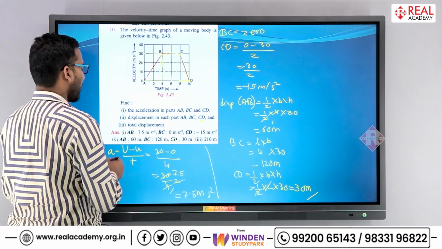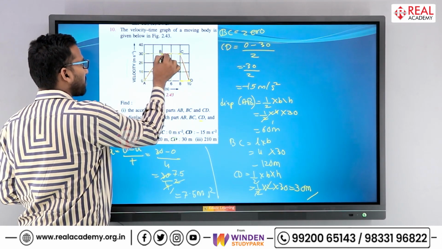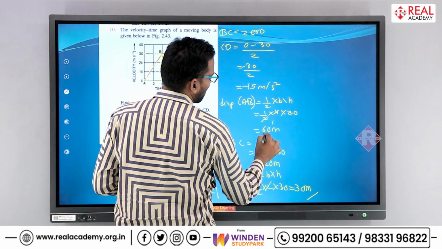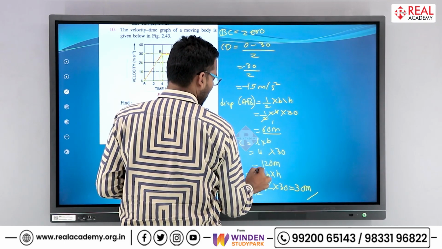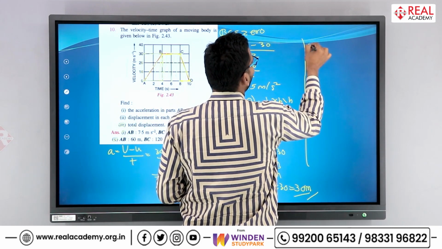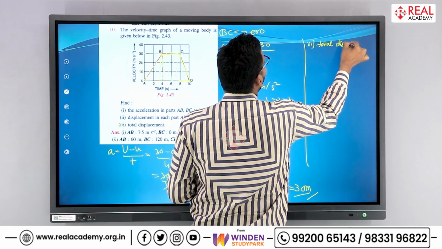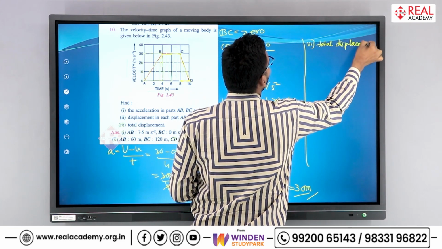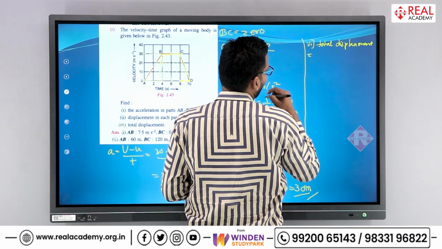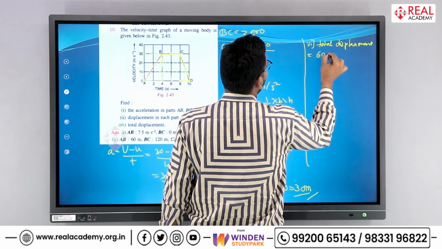And the last question is total displacement. Total displacement means this region displacement, this region displacement, and this region displacement. So add all those displacements, that is 60, 120 and 30. So for the first part, the answer is 60 meter.